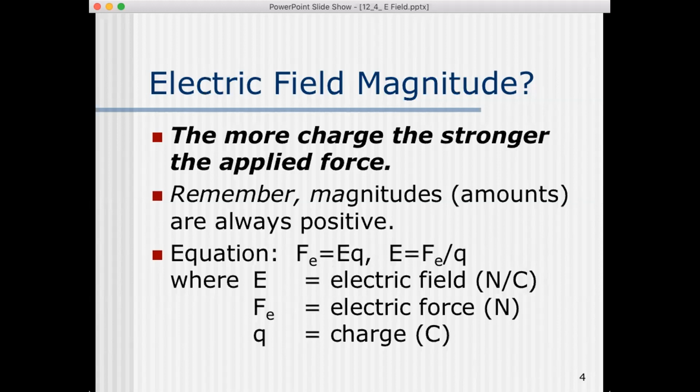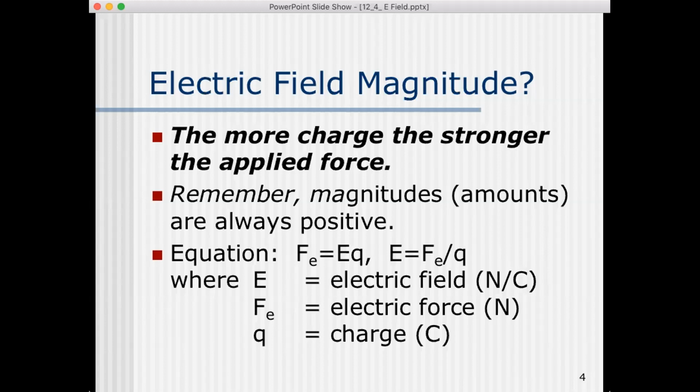Rather than deal with Coulomb's law, charge-to-charge interaction, the field allows us to set up an environment all around the charge. If we want to place a charge at a certain position, we can easily find the force by just multiplying the field times the charge.